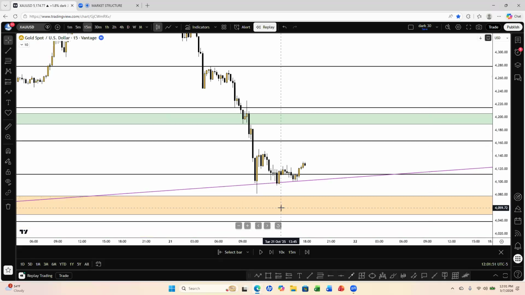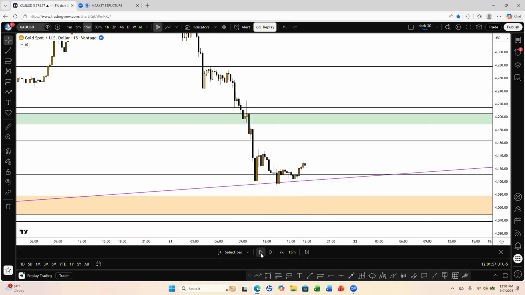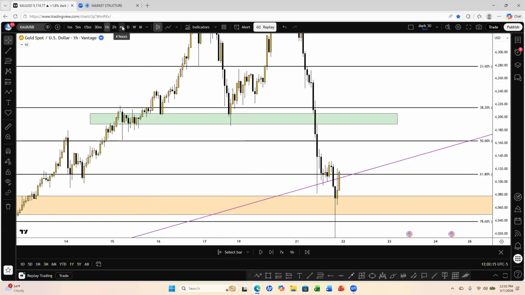I'm gonna slow it down before I play it, so I don't go too fast. So this is the point where we're talking about we're at a sweet spot, but we're sitting on our hands because we need to see if it's gonna give us what we need to get in the buy. And it didn't. See, it broke down further, right? Grabbed some liquidity.